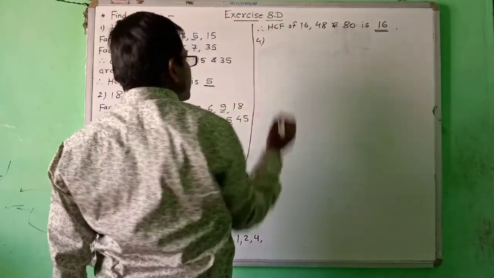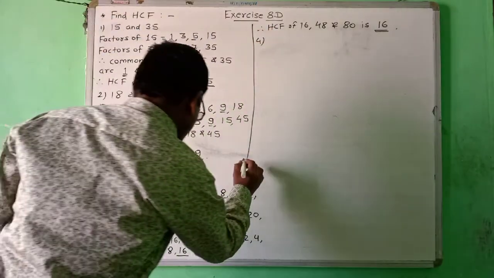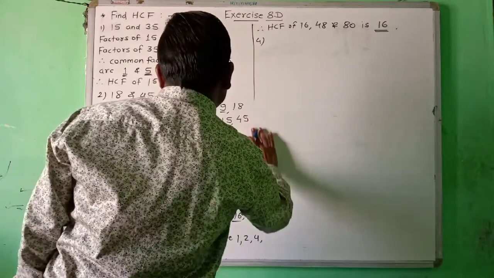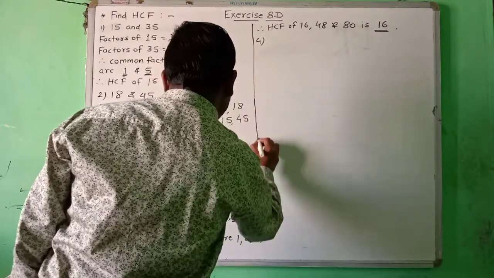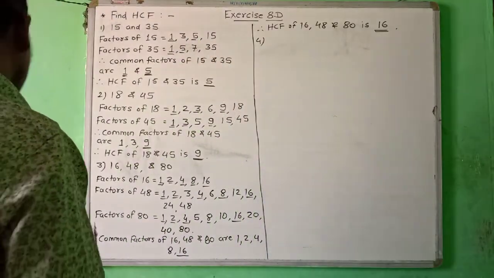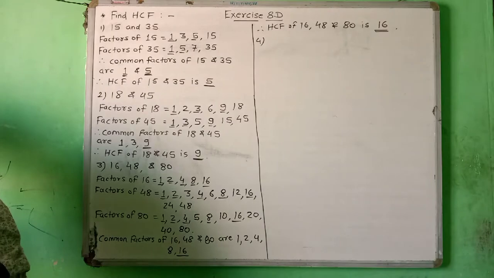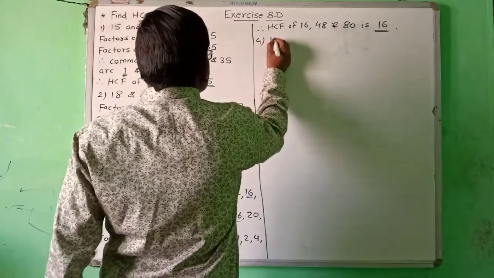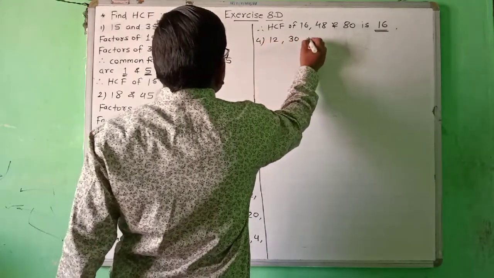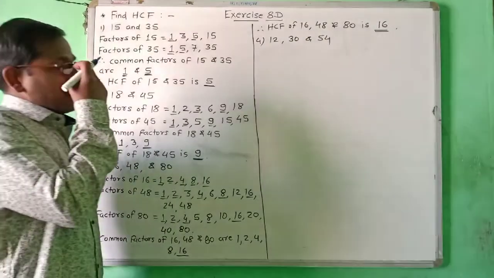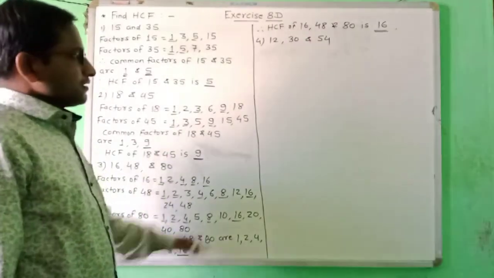Next, fourth example: 12, 30 and 54. So again, you find the highest common factor.